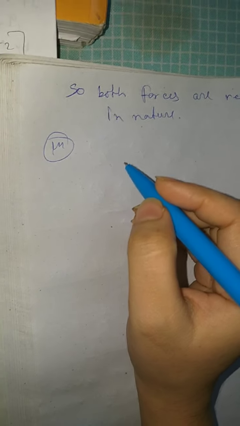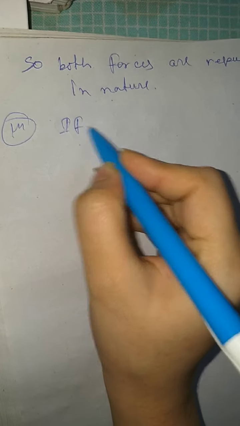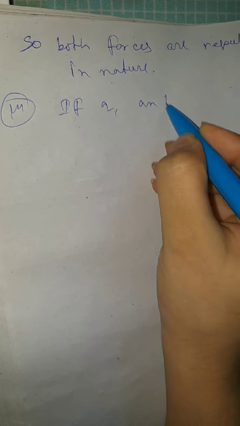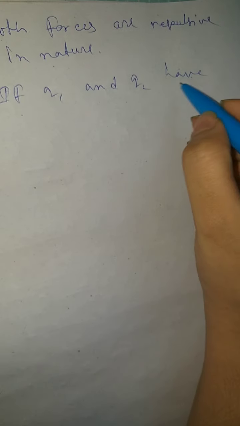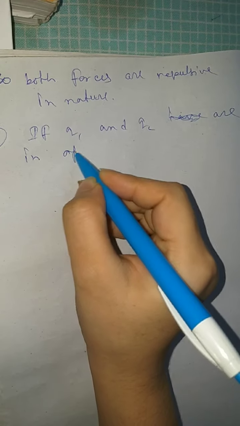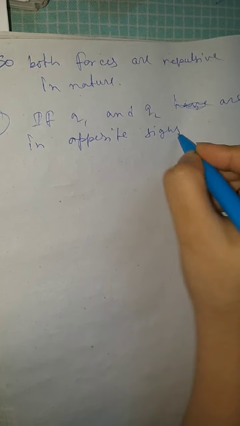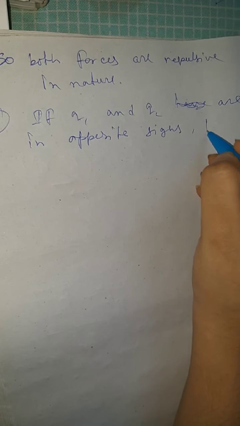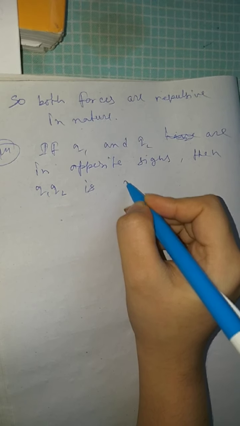If Q1 and Q2 have opposite sign, then the product of Q1 and Q2 is negative.